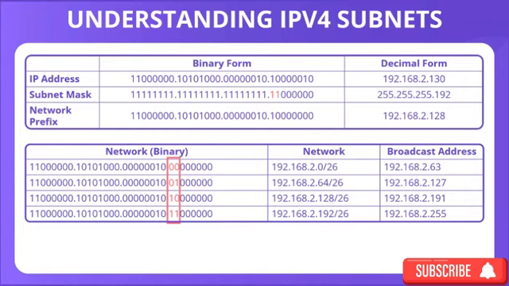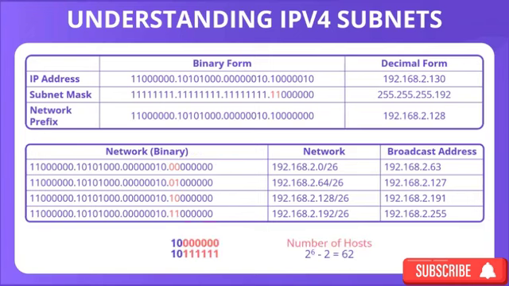The remaining bits after the subnet bits are used for addressing hosts within the subnet. So, the host part of the IP address is 6-bit. All zeros and the all ones values for the host ID are not allowed in a subnetwork, right? These 2 values are reserved for the network address and broadcast address, respectively. So the maximum number of hosts which can be addressed in these subnetworks is 2 to the power of 6 minus 2, which equals 62.